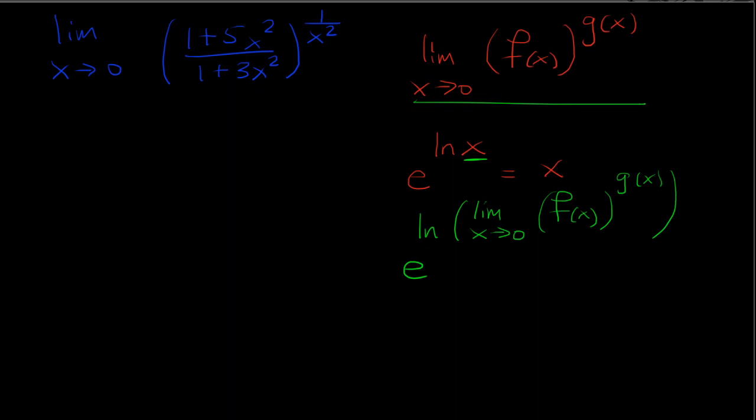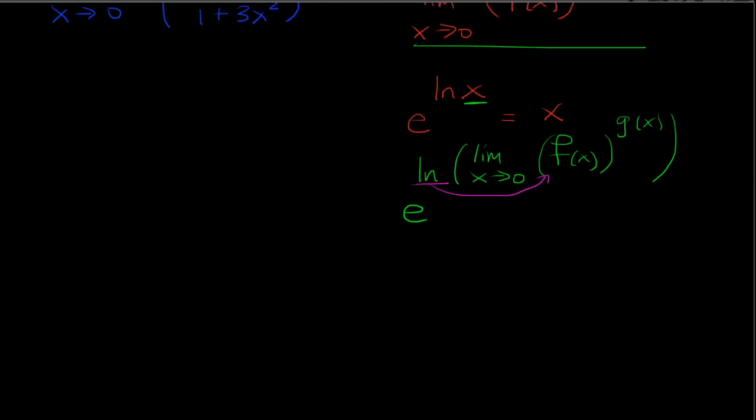This natural log will come inside the limit. Okay. So the condition there is that it has to be continuous. So we can pull it inside the limit of f of x raised to the g of x power.